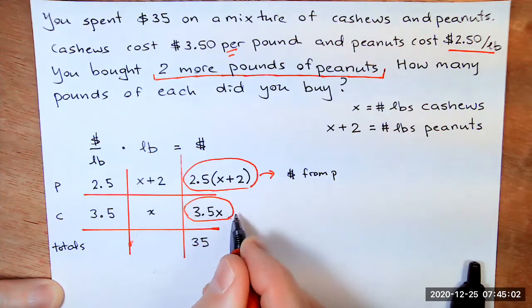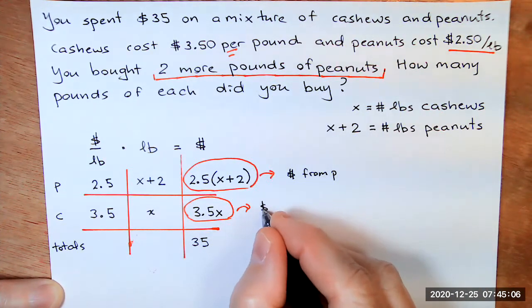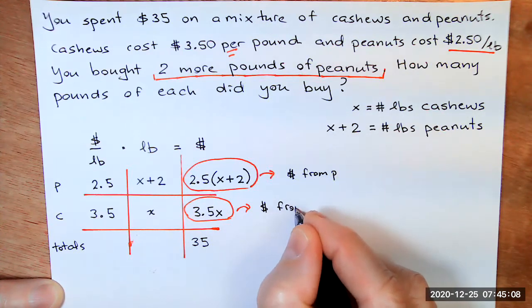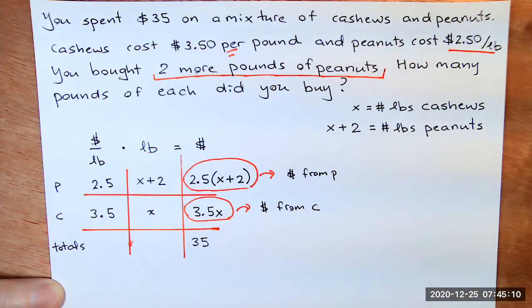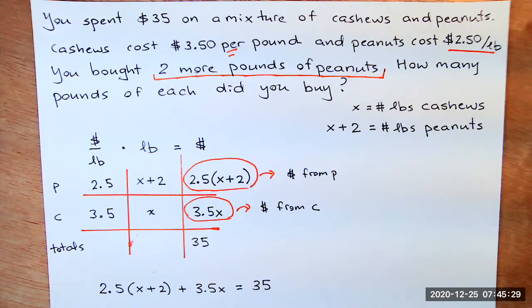So this is the number of dollars spent on cashews. So our equation is going to be the number of dollars spent on peanuts plus the number of dollars spent on cashews, and that's the total number of dollars.